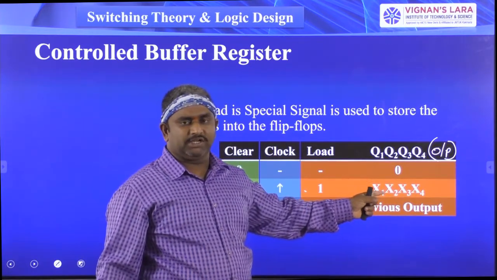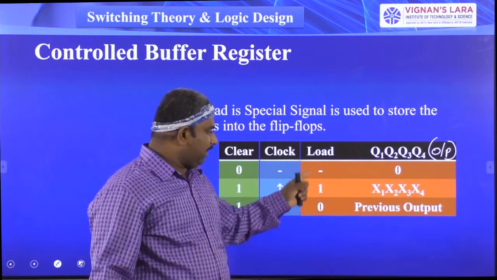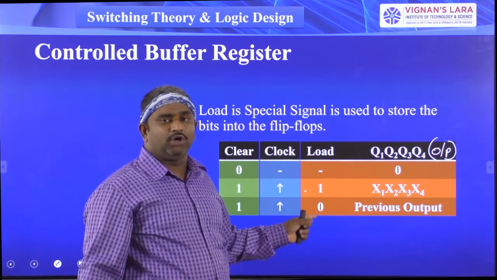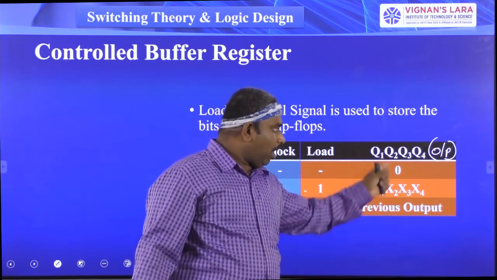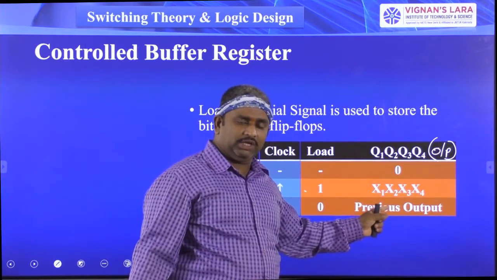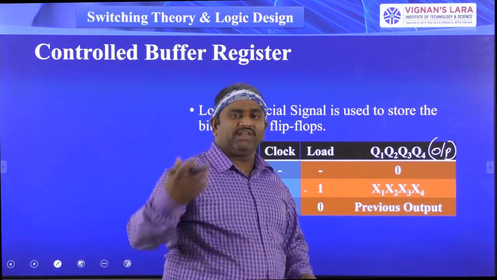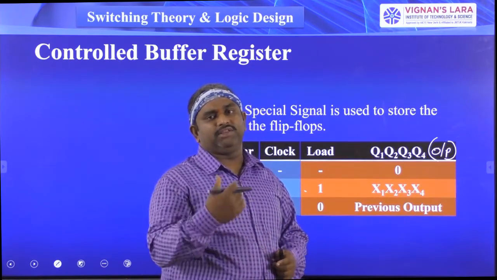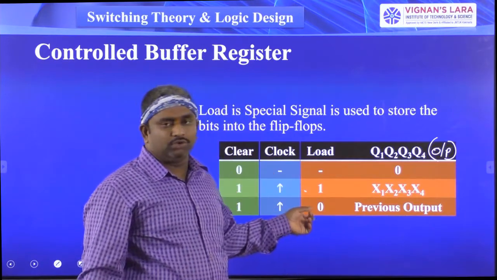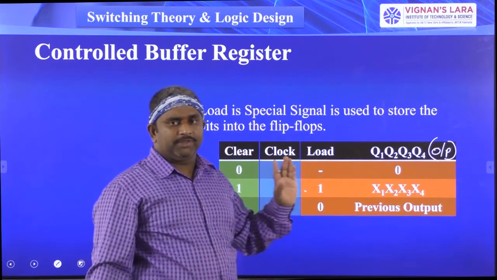Previously we used the terms A, B, C, D. The same input signals are present at the output. When I am not giving the load signal, the output of the register is the previous output. Whatever the previous output is, the same output will be available when the load value is equal to logic 0. It is very simple.